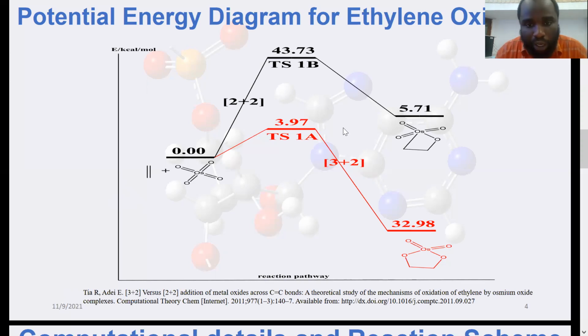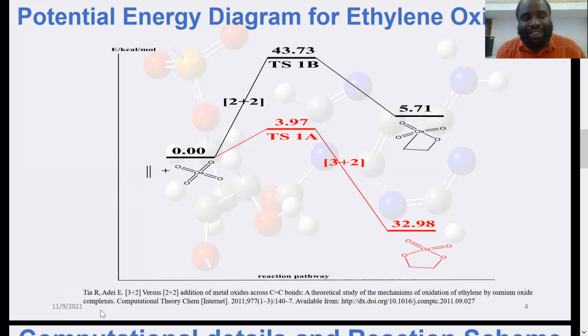From this energy profile, it is evident that the addition of ethylene to osmium tetroxide will proceed via the 3+2, because we are seeing low activation barriers for the 3+2 as compared to the 2+2. We are also seeing negative reaction energies, telling us that the 3+2 reaction surface is quite spontaneous as compared to the formation of the metallaoxetane from the 2+2 surface.